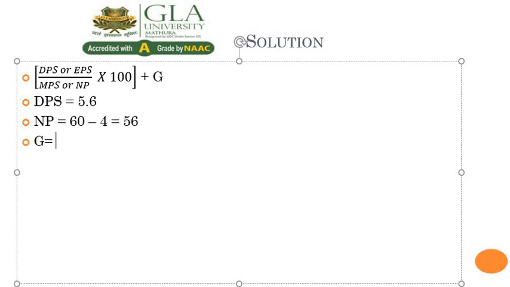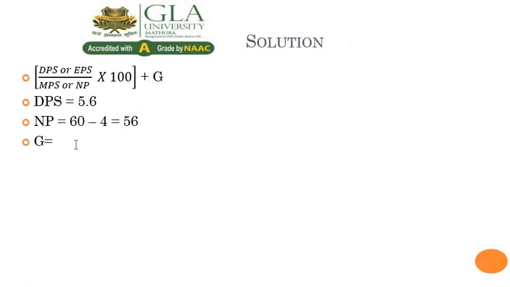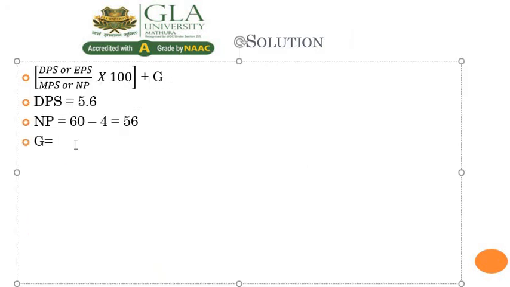Now we also require G, the growth rate. In this numerical you have to find the growth rate. In 2016 dividend per share is 4, after that 4 rupees 40 paise, after that 4 rupees 84 paise, and so on. Now we want to know what our growth rate is.